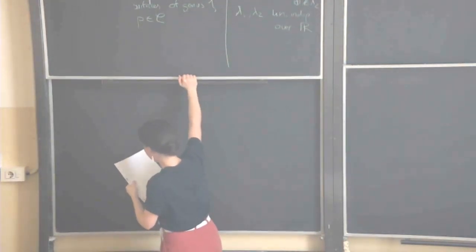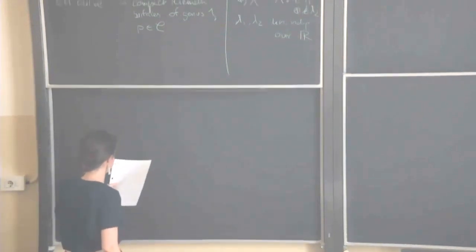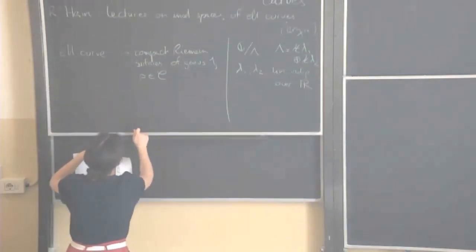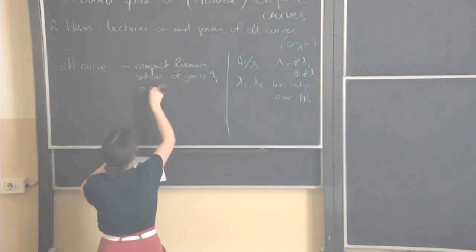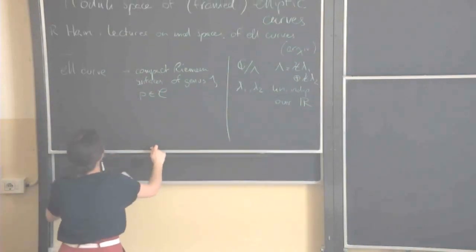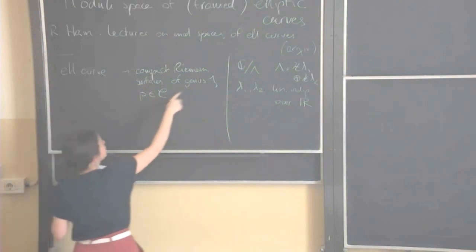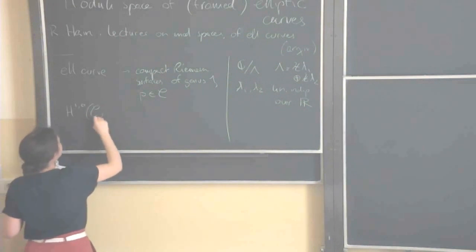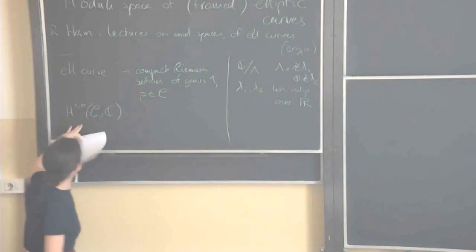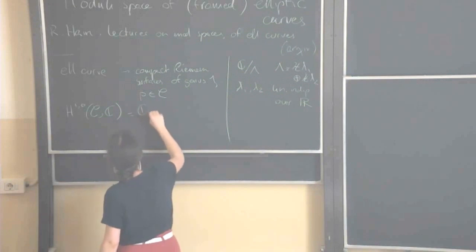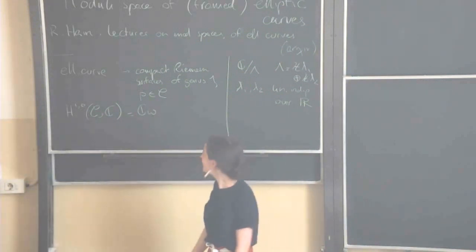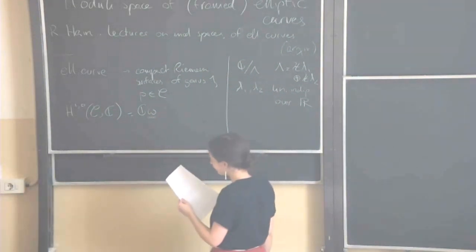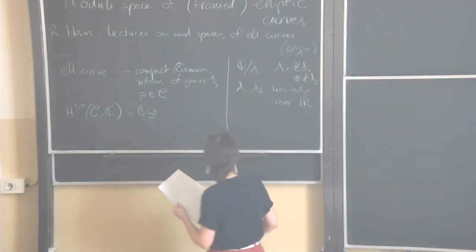So if you start here, C is our Riemann surface. This surface has genus 1. This means, by definition, that the space of holomorphic forms is generated by a single holomorphic form. From now on, we will fix this ω as a generator.